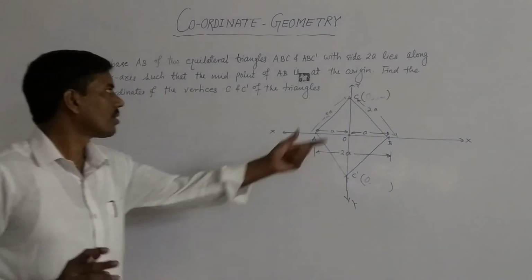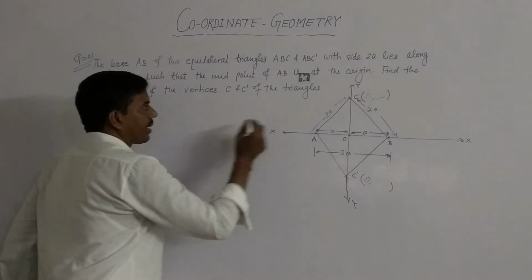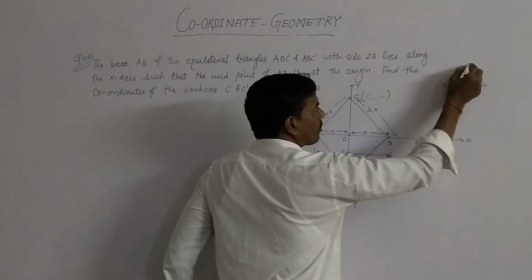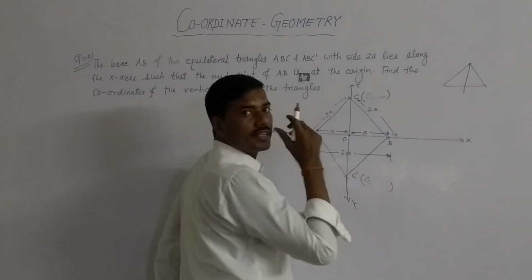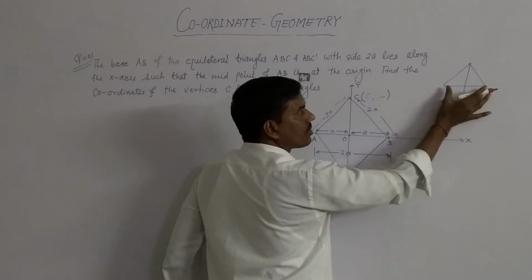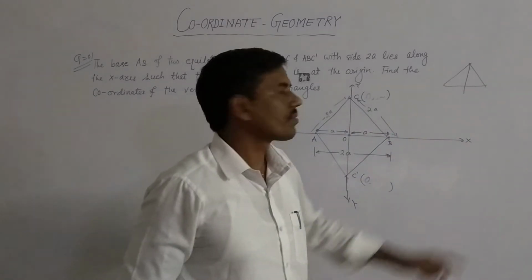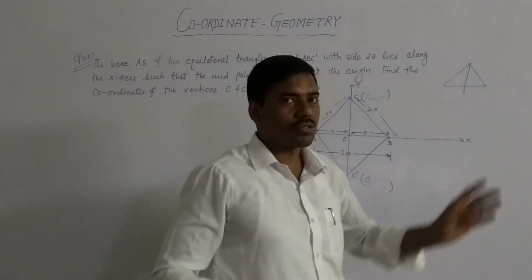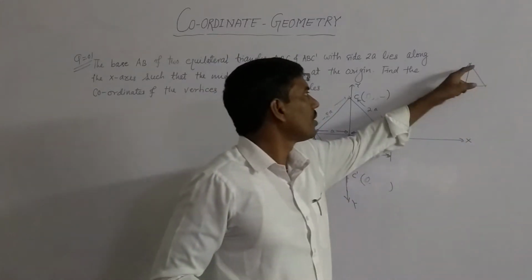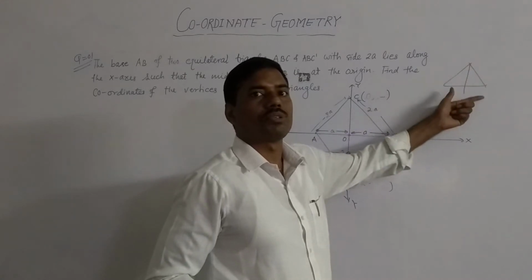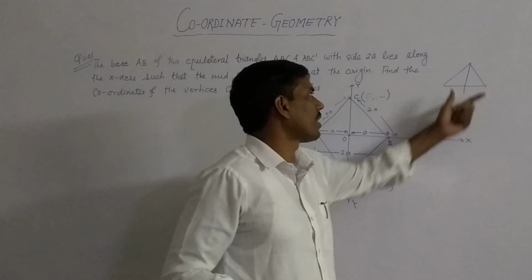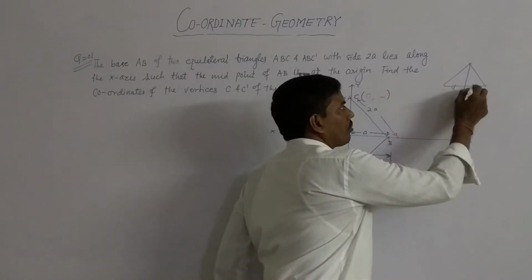And we know that in an isosceles triangle or an equilateral triangle, if we draw a perpendicular from the vertex to the opposite side, the perpendicular bisects the opposite side, meaning it divides the opposite side into equal parts.